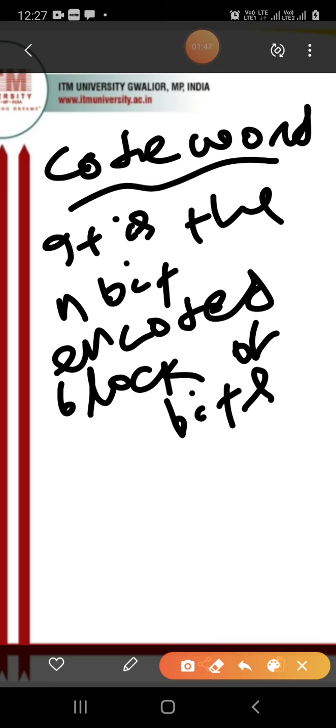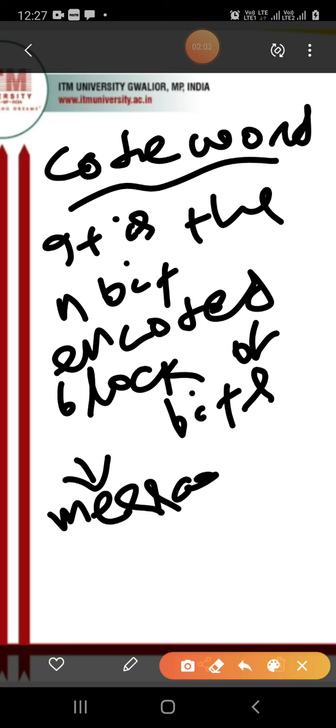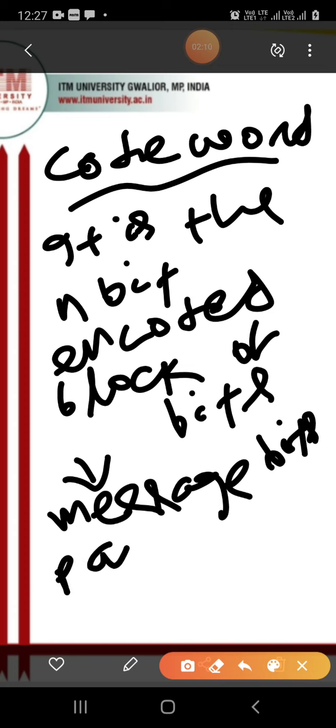So it contains message bits and parity or redundant bits. That means the code word includes the message bits and the parity or redundant bits.